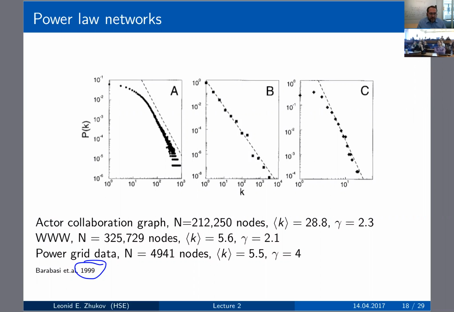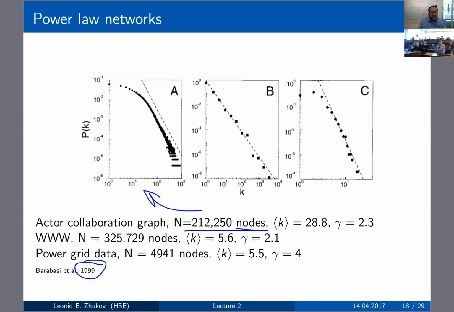What we see here is the so-called actor collaboration graph. This is a graph that has Hollywood actors as nodes, and they're connected by edges, meaning they were in the same movie. This is about 200,000 actors, going through history.